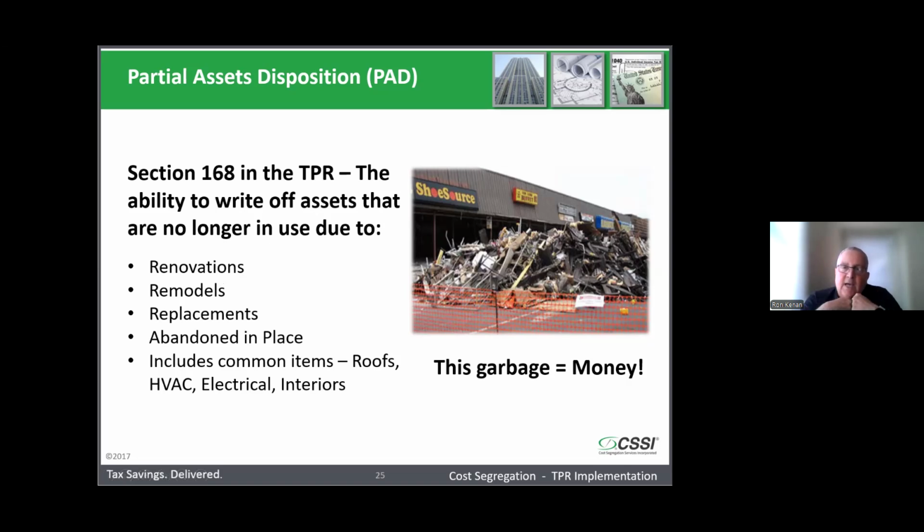When you take this out of the property and put something new, and it doesn't have to be only when you buy a property, this could also be two, three, five years down the road, when you do such renovation and you have a cost-based depreciation schedule, you take those components out, they have a value in the book. So instead of just being garbage, they now can be deducted as an expense, okay? And this process is in section 168 in the tangible property regulation.